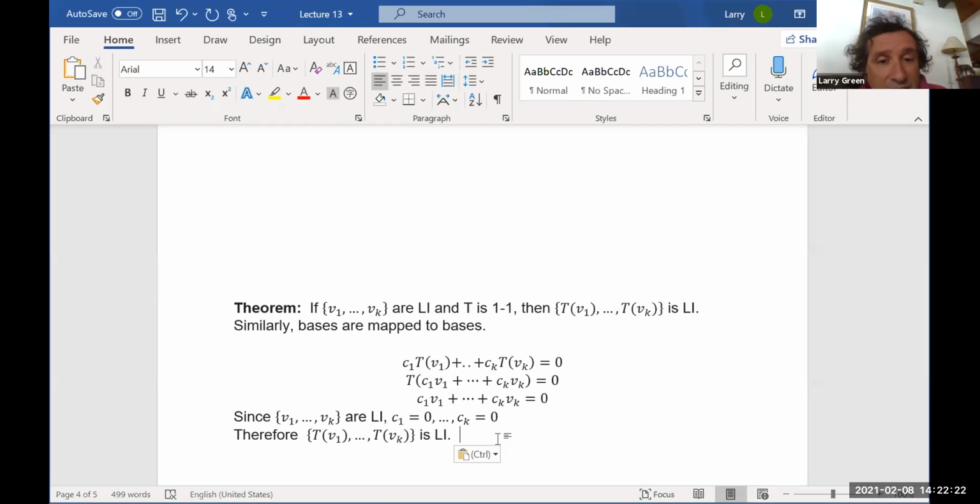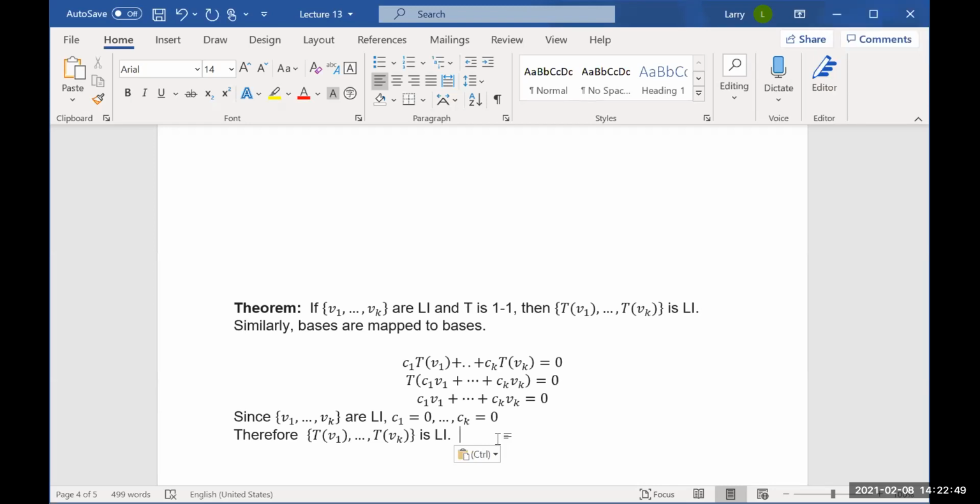Okay, so that's nice. If T is 1 to 1, then we have that mapping from linear independent sets to linear independent sets. And similarly, that means bases are mapped to bases. Why is that obvious at that point? Who can tell me? Because both are linearly independent.